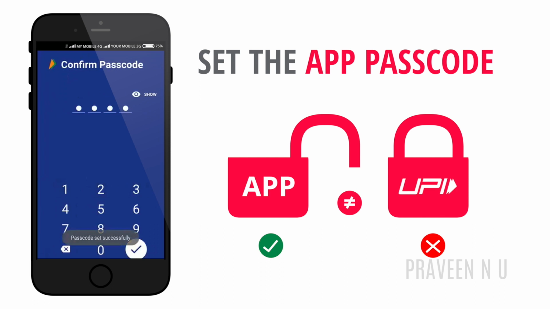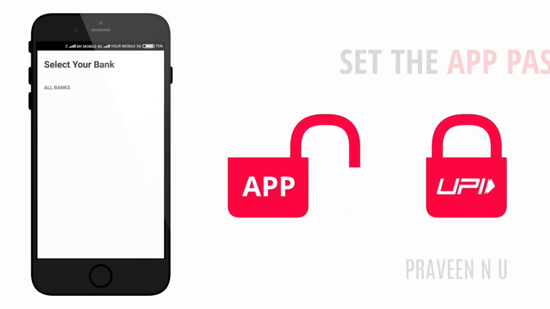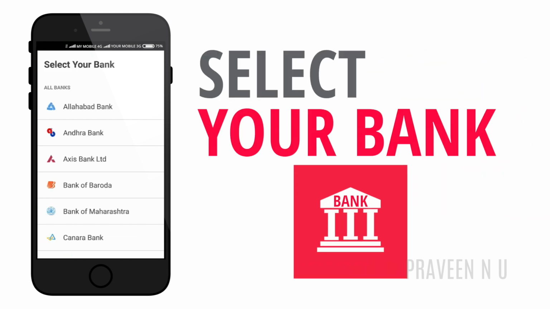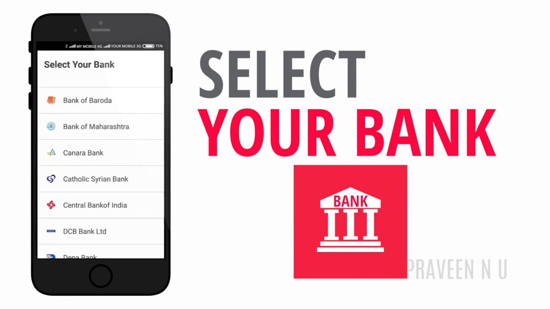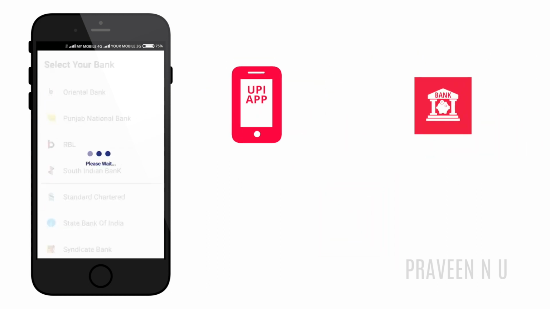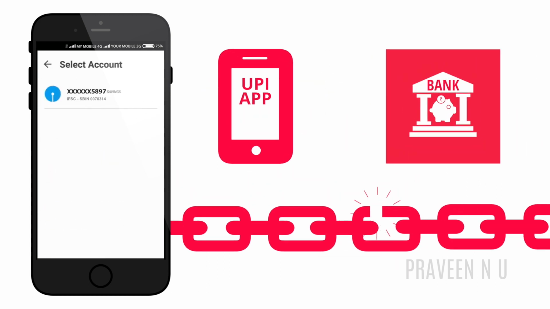After setting the passcode and entering it once again, the app will ask to select the bank account. When we select our bank from the list, the app will get linked with the bank account.